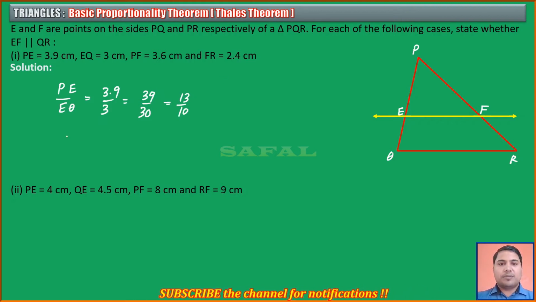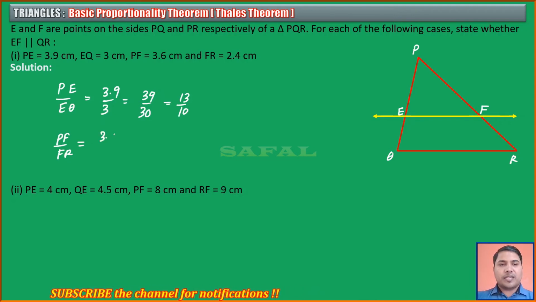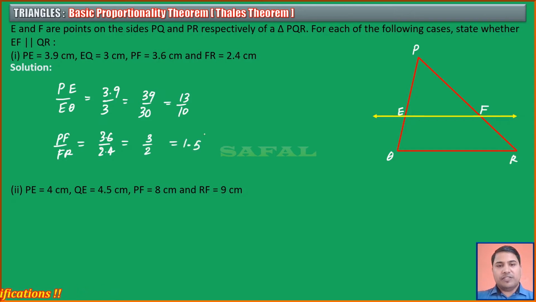Now let's look at PF by FR. So PF by FR, that will be 3.6 by 2.4. So 36 by 24. So this will become 12 3s are 36 and 12 2s are 24. So this becomes 1.5, and this is 1.3.